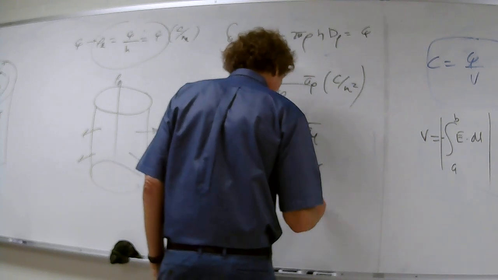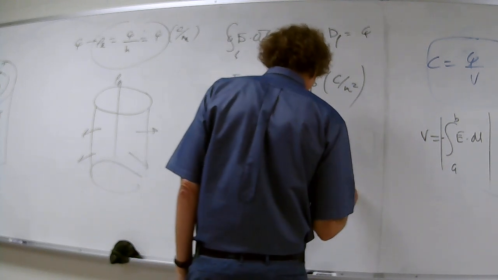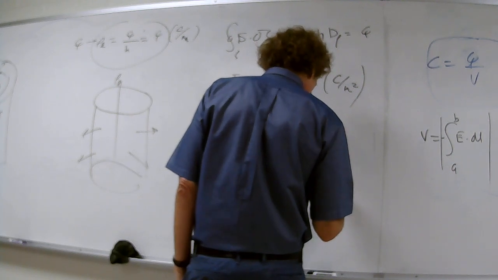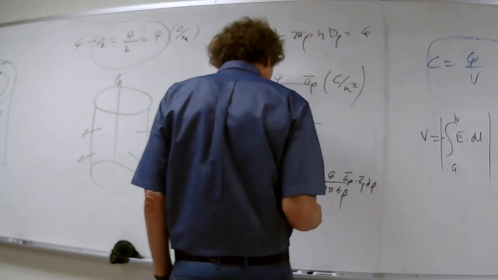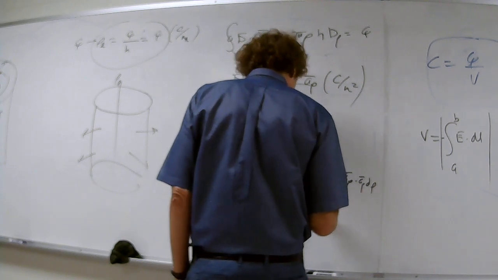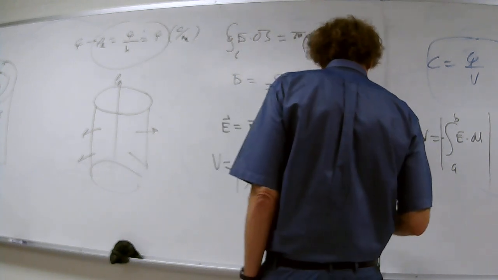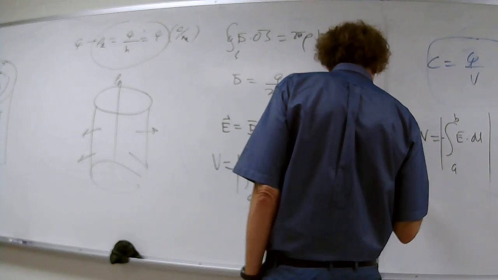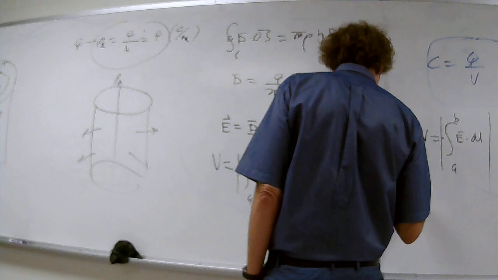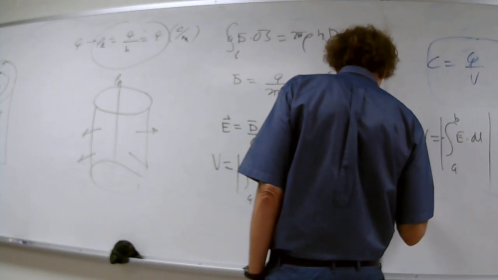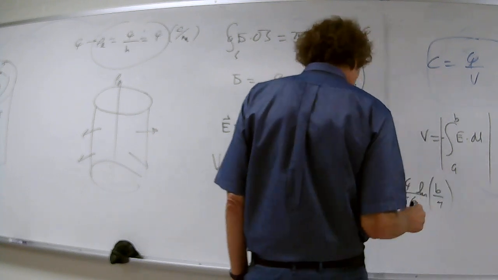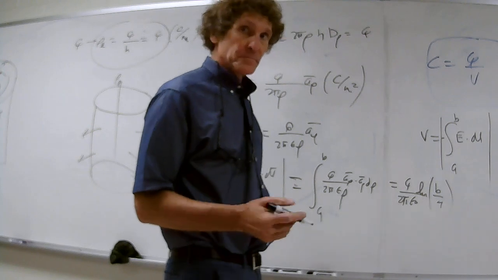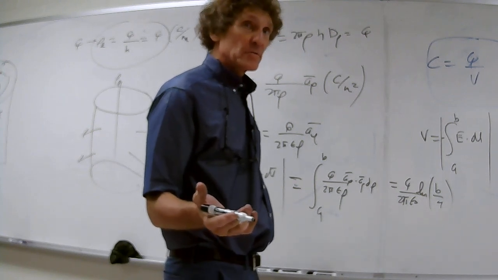So when I take Q over 2 pi epsilon rho, a rho dotted with a rho d rho, going from A to B, that will be equal to Q over 2 pi epsilon naught, natural log of B over A. And then finally, when I get that, that's the magnitude of the voltage. You all agree with that?